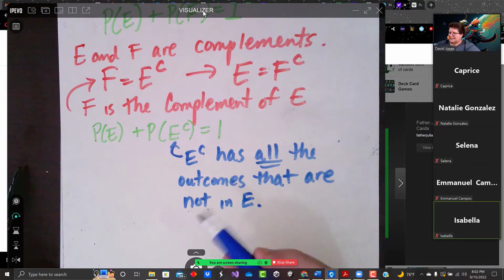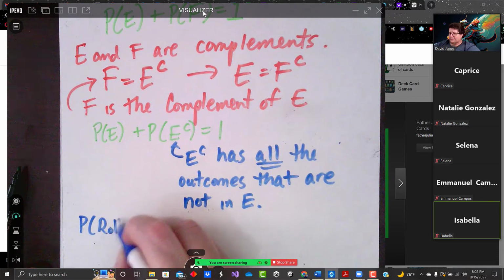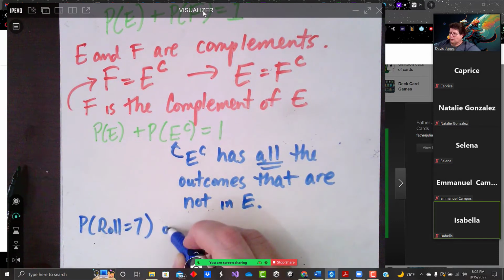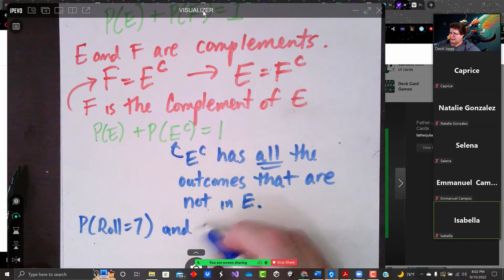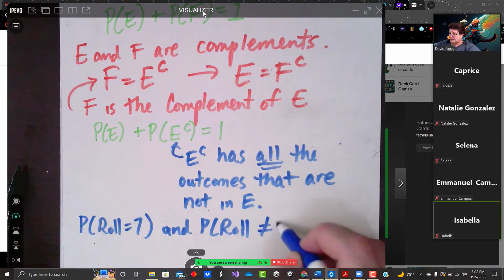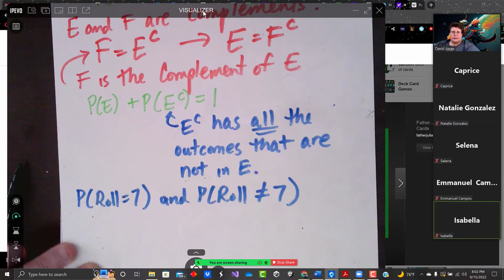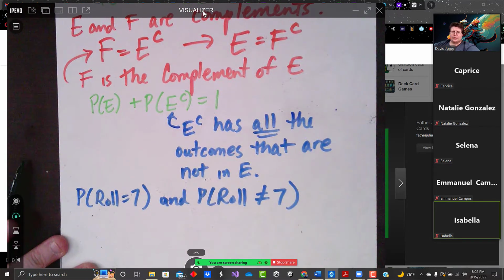In terms of dice or something like that, it could be probability of rolling a 7 and probability that the roll does not equal a 7 is one type of example. We could do lots.